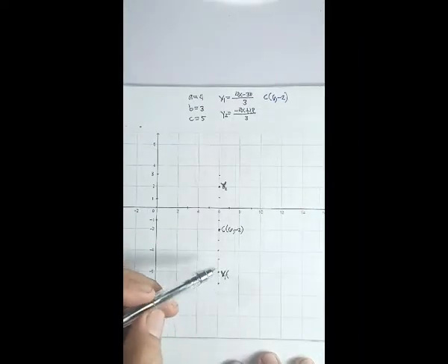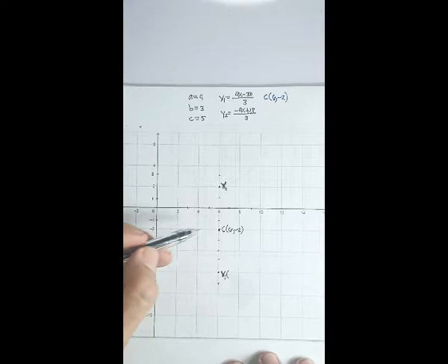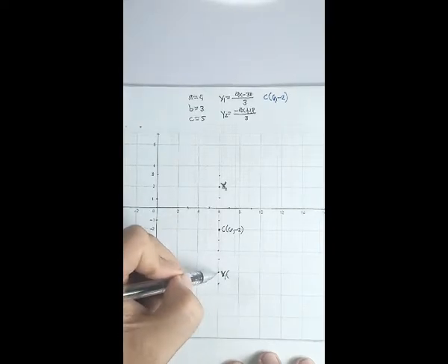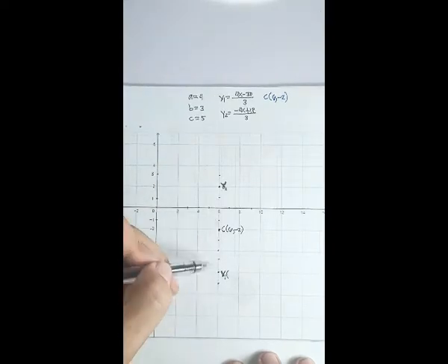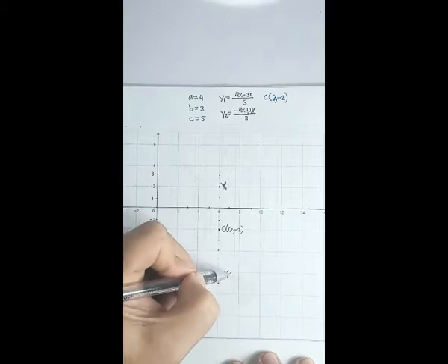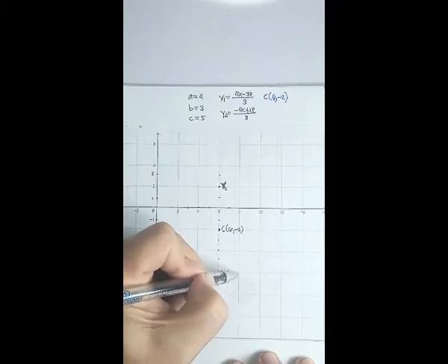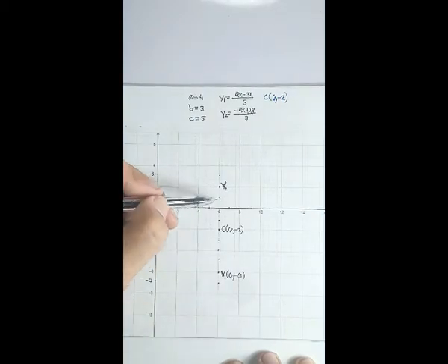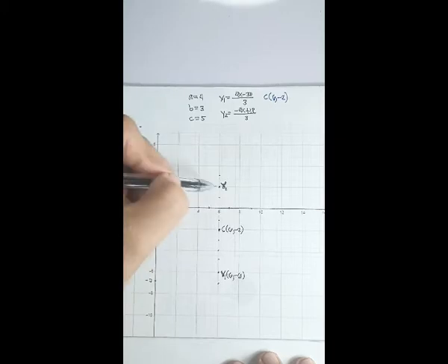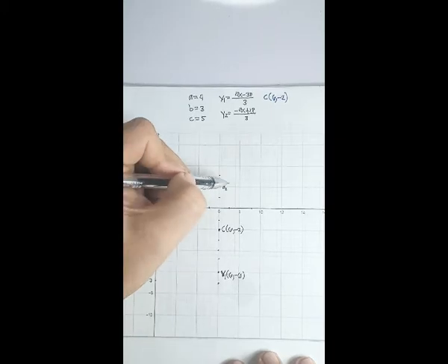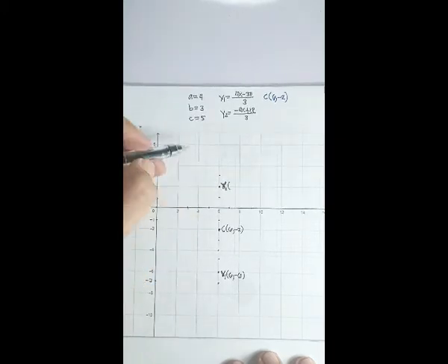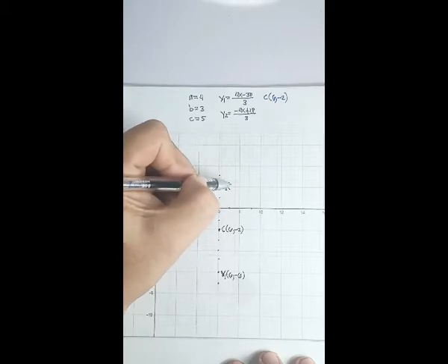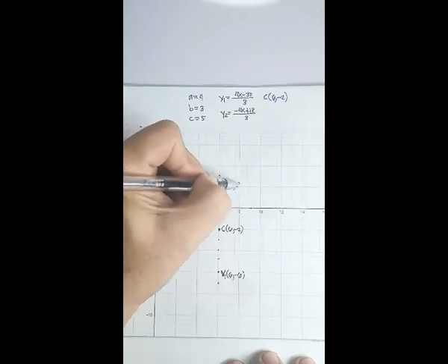So location sa atong V1, it is at 6, down to negative 6. So 6, negative 6. Then itong V2, it is positive 6, and then it is at 6, 2.